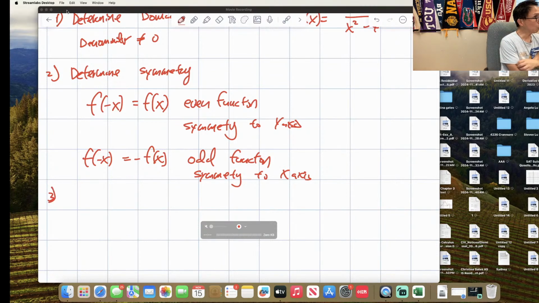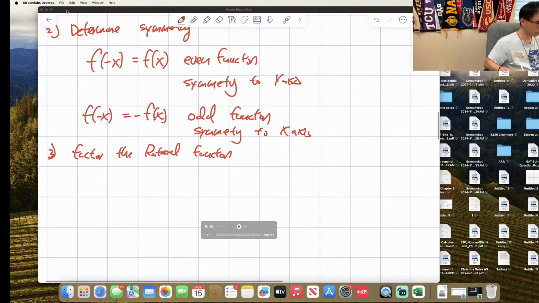Now, one of the first things is to make sure you factor everything. So factor the rational function, because once you factor it, you might find the hole.